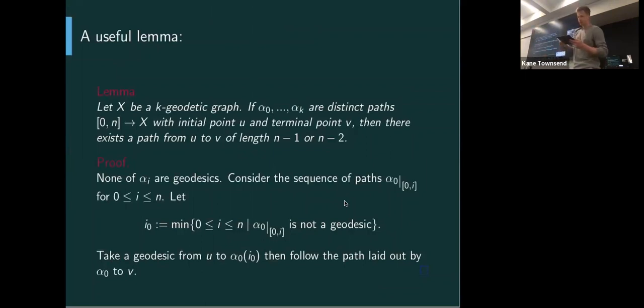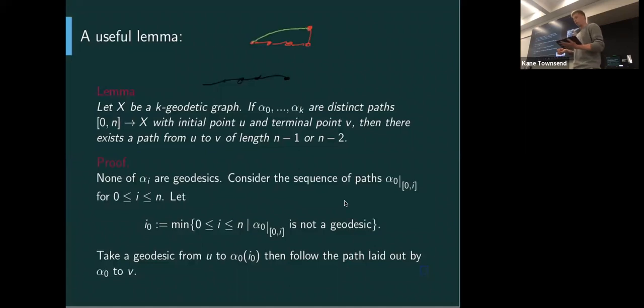The reason for that, and you actually draw a picture, is that step by step it's a geodesic, and suddenly it's not a geodesic, so there's a path that is a geodesic to there.